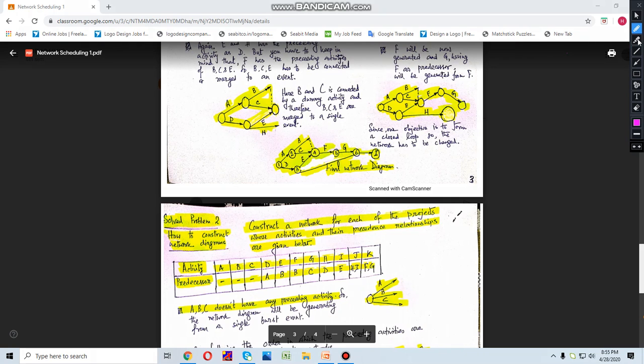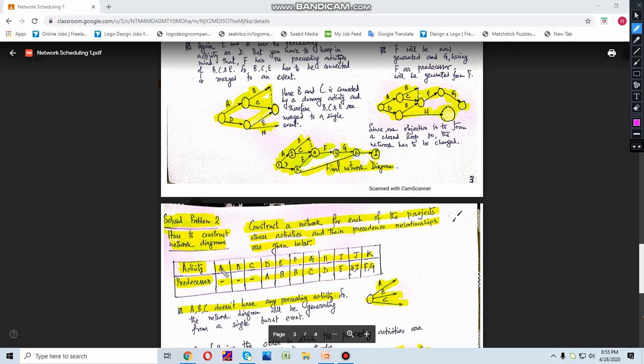Now similarly here also the same relationships are given to you, like an activity is given to you and the predecessor activity is also given to you. So you have to keep in mind the relationships between the immediate predecessors.